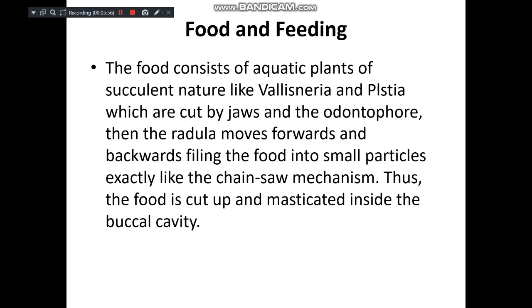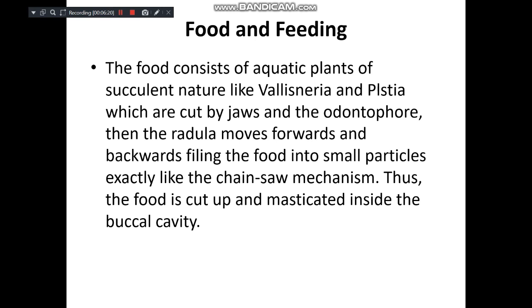When the radula moves forward and backward, it can cut the food particles like a chainsaw, and it can fill the mouth with these small pieces of food.